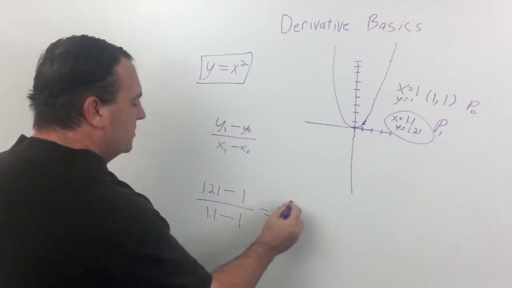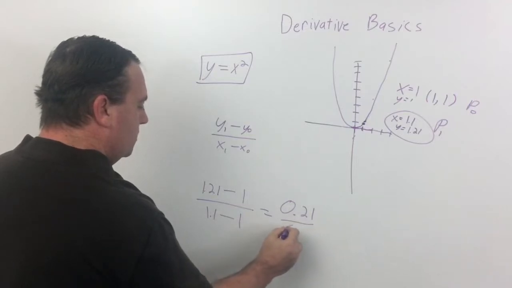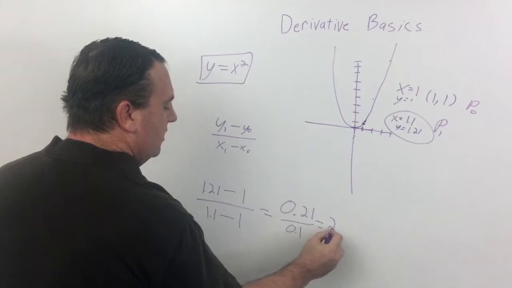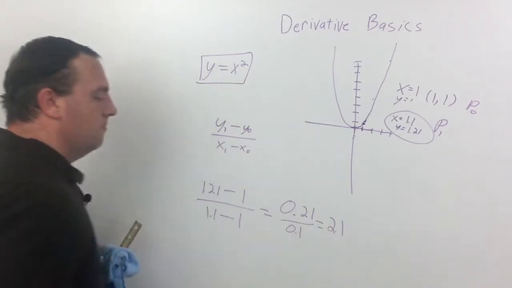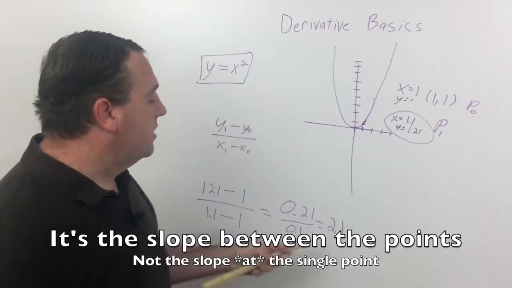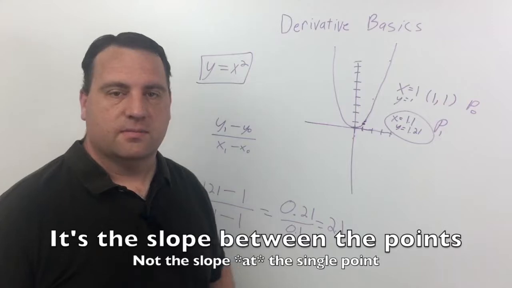So that's going to give us 0.21 over 0.1. And if we divide that out, that gives us a slope of 2.1. Again, this is an estimate for the slope, but it's a lot closer to the true value because the points are a lot closer together. Okay?